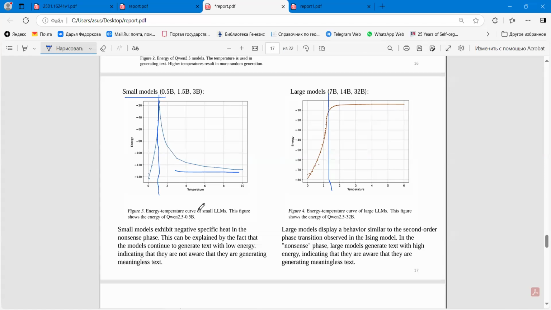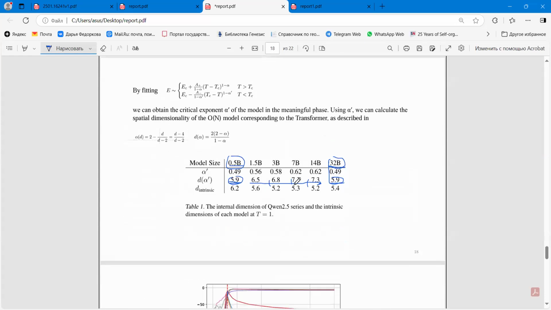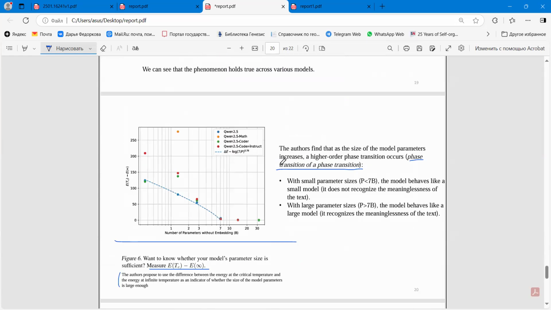Okay. So it's all results from this work. Interesting. All right.